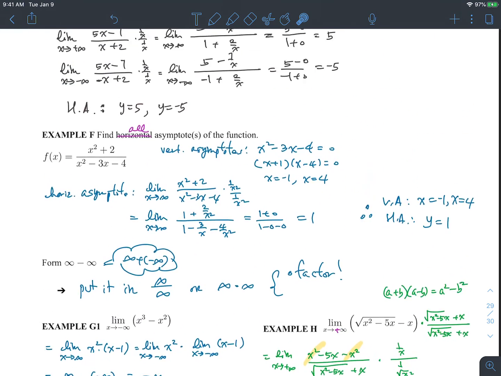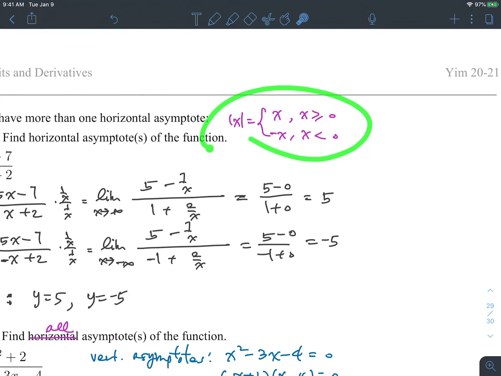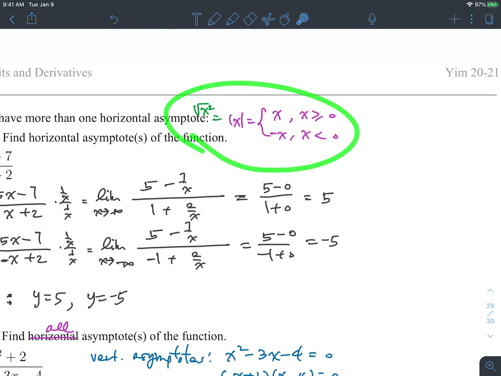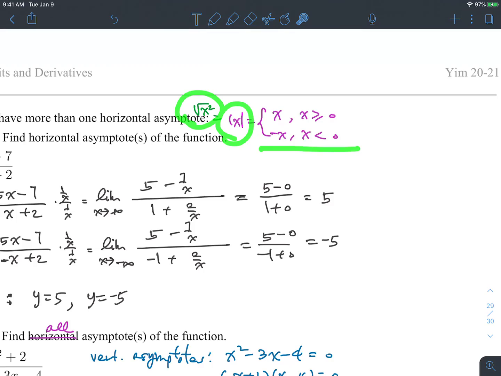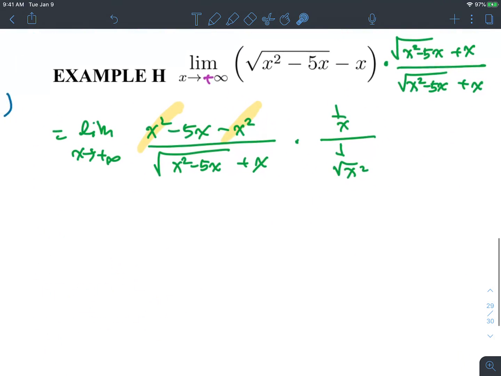Okay, do you remember this over here, guys? On the page before that, what I said was the square root of x squared is the absolute value of x, which is defined this way, right? So any time that you have that, that's all we're going to be using.